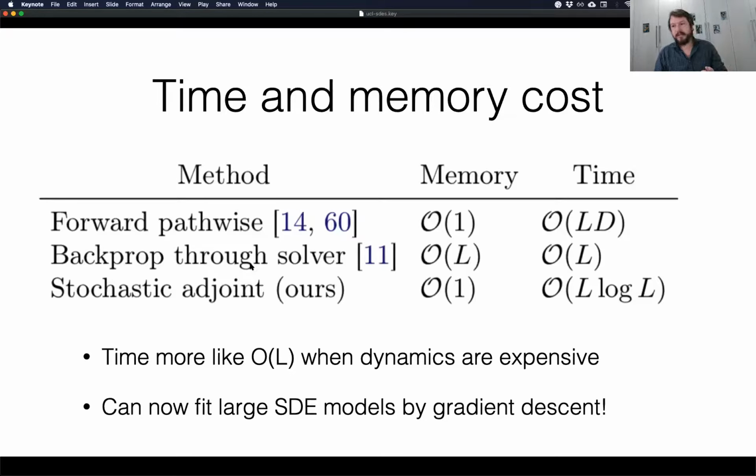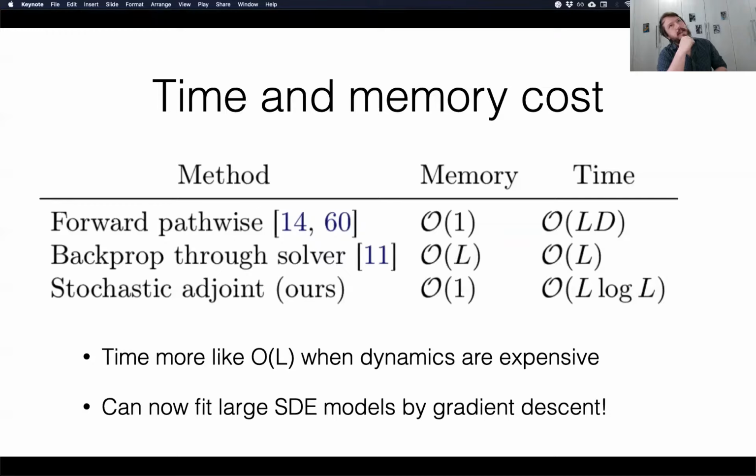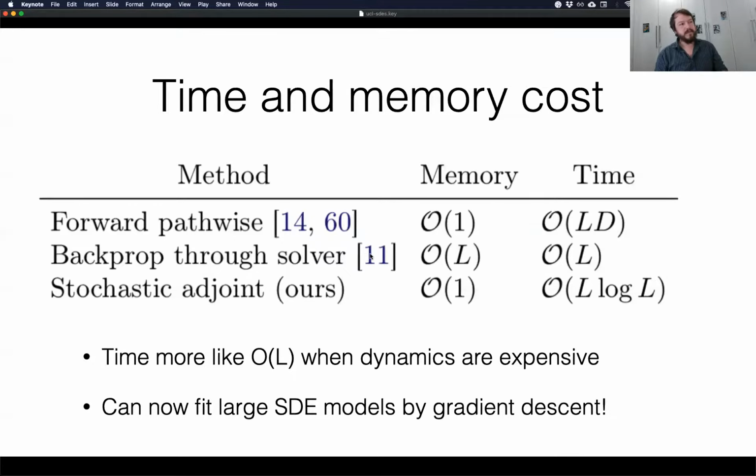Then there's backprop through the solver, also known as discretize-then-optimize in the numerics community. That's also very stable and fast, but it has high memory costs, linear in the number of steps that we take. And then our setup has constant memory costs, and the time is just L log L. And in practice, this log L is actually not that bad.